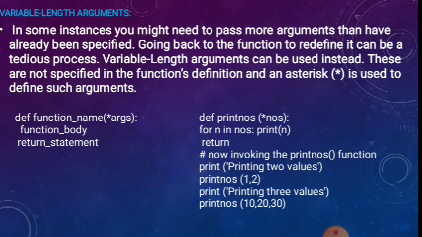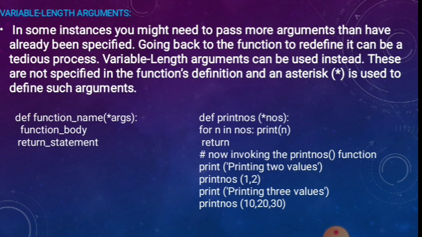Variable length argument. This is entirely different from the above concepts. In some instances you might need to pass more arguments than have already been specified. Going back to the function to redefine it can be a tedious process. Variable length arguments can be used instead. These are not specified in the function definition and an asterisk is used to define such arguments.